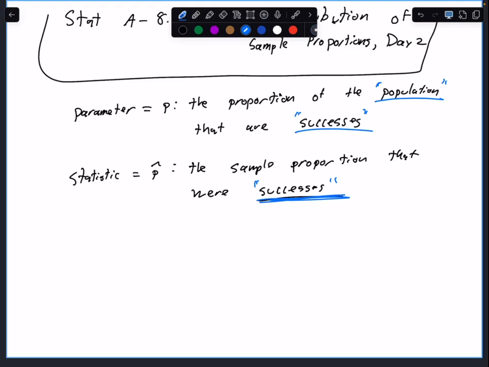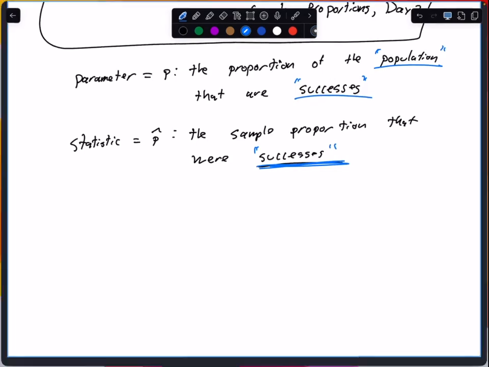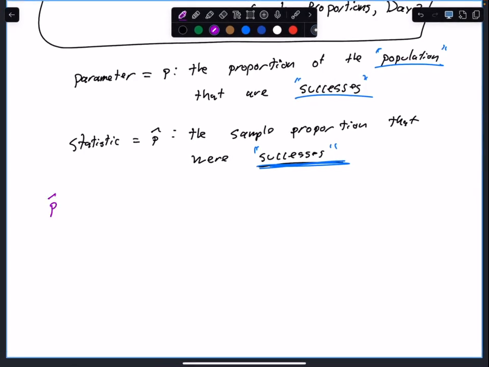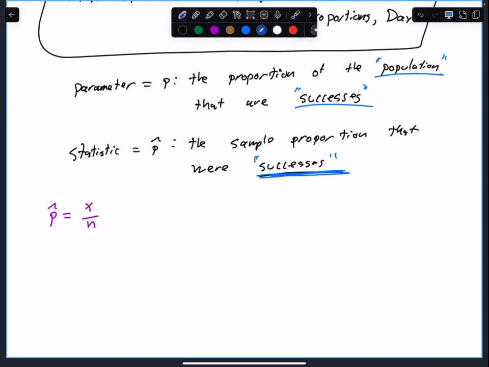What do all BPS students look like? For whatever variable is the binary piece that we are trying to investigate. Okay? p hat is equal to x over n, where x is the number of sample successes, and n is the sample size.